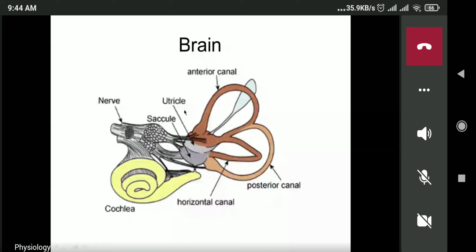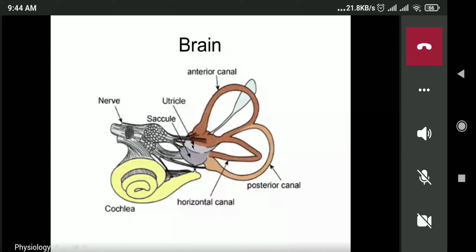The whole vestibular apparatus you can divide into three semicircular canals, 1, 2 and 3. The three semicircular canals are attached to a structure called the utricle.